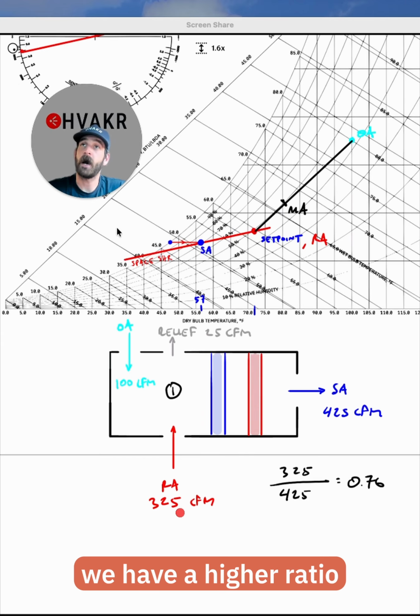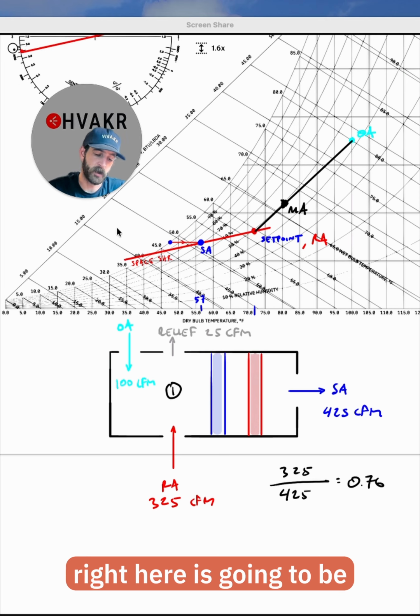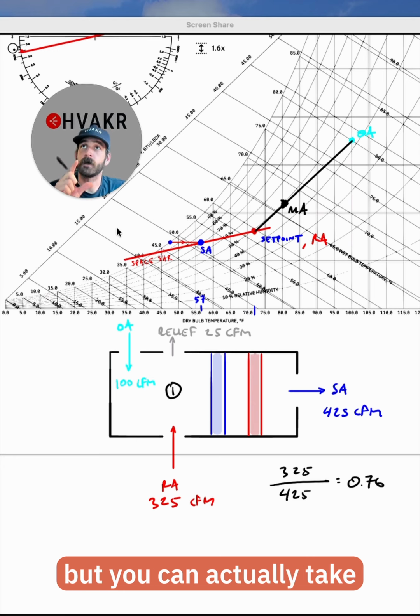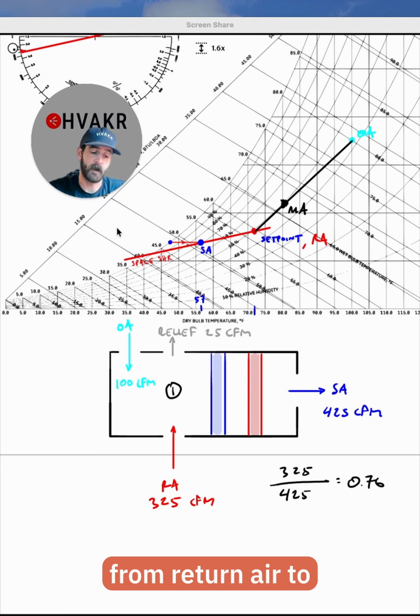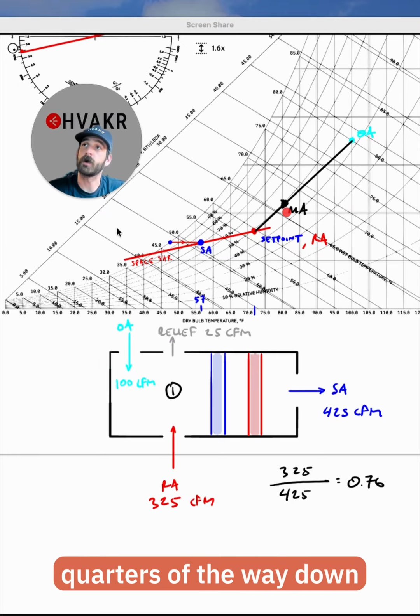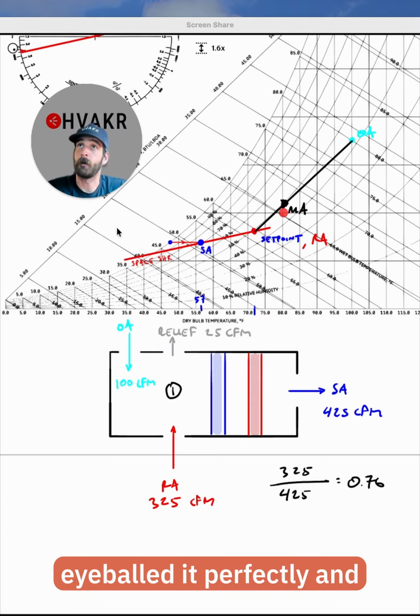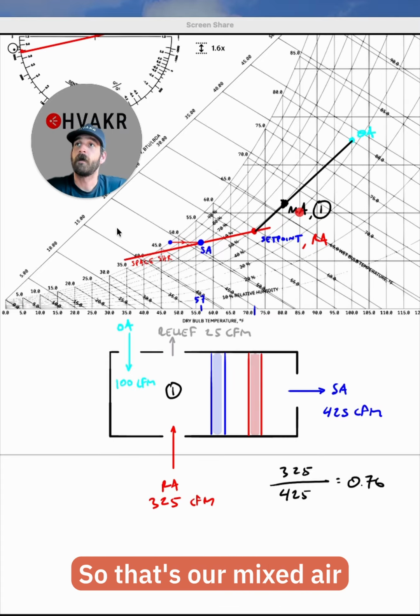Because we have a higher ratio of return air to outside air, the mixed air state right here is going to be closer to our return air than our outside air. I'm just eyeballing it, but you can actually take a ruler, measure this line from return air to outside air, go 3/4 of the way down, and that's where your mixed air state is going to be. Let's just pretend I eyeballed it perfectly, and this is where we're at. So that's our mixed air state.